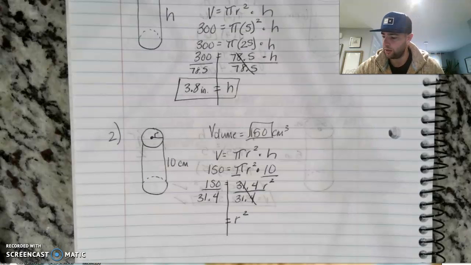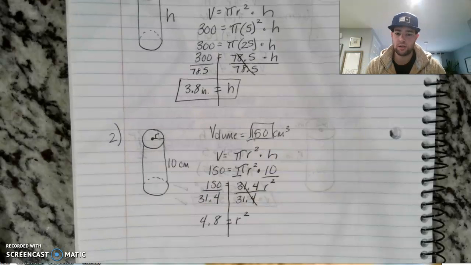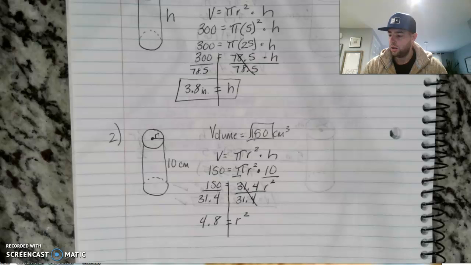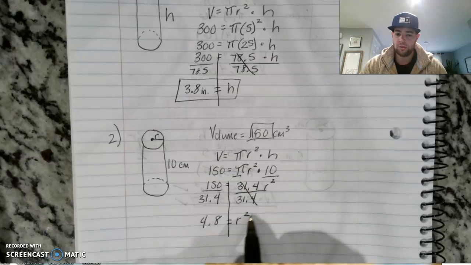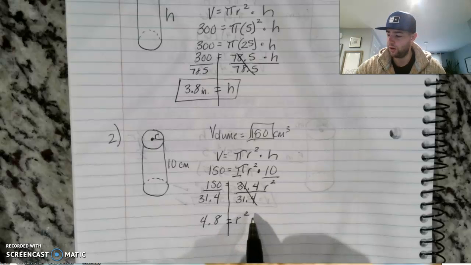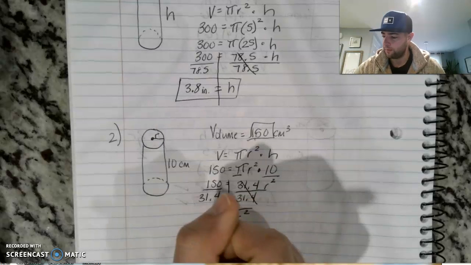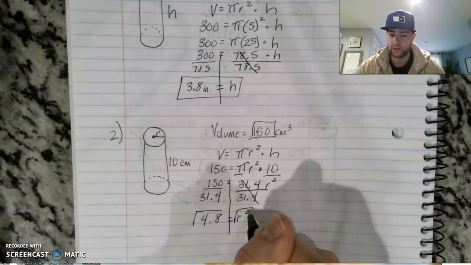So I have radius squared equals 4.8, and if you remember from our last unit, the inverse of squaring a number, hopefully in your head you're thinking take the square root. So because radius is being squared right now, I'm going to take the square root of both sides, which means that this square is going to cancel.